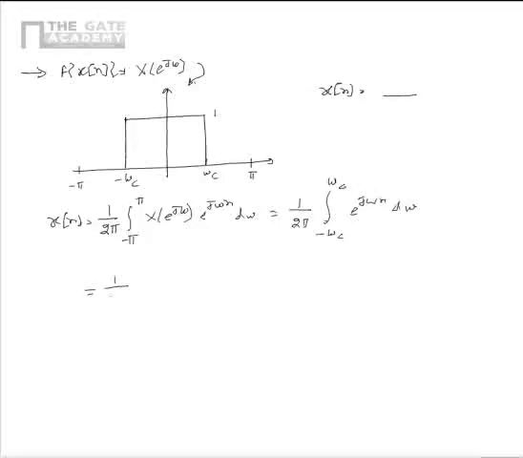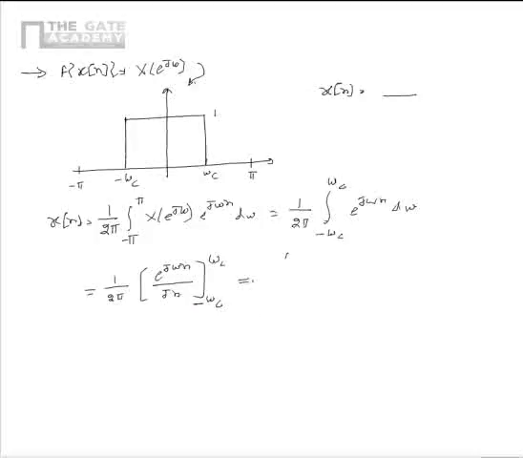So, by performing the integration, this can be simplified as e power j omega n divided by jn, and the limits are omega c and minus omega c.